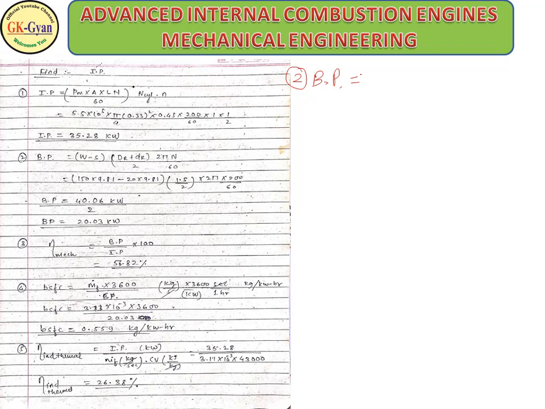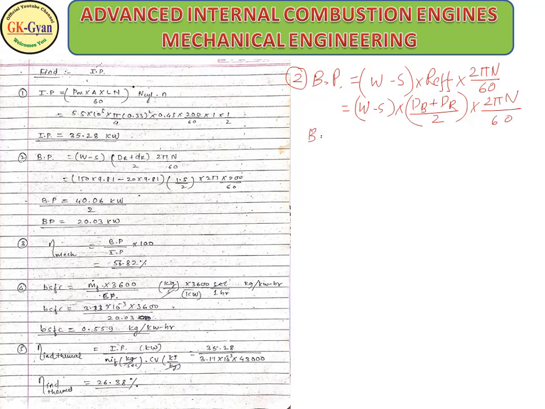We know the formula with the help of dynamometer is given as W minus S into R effective into 2 pi N by 60, which is nothing but W minus S into dB plus dr divided by 2 into 2 pi N by 60. So put the values here.